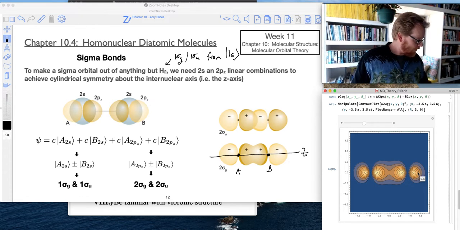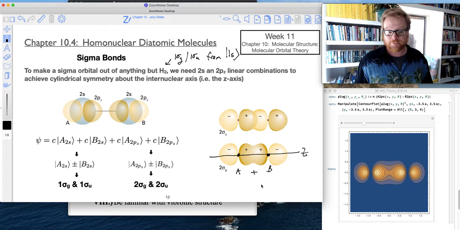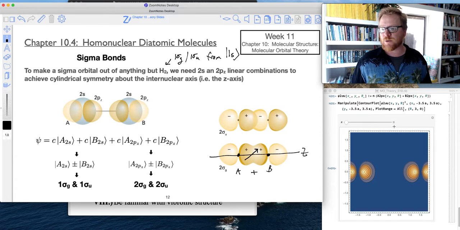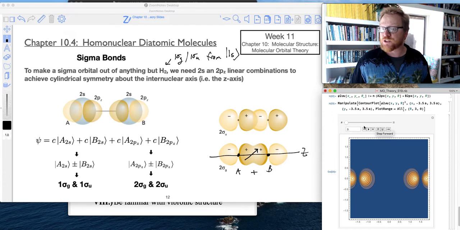And so now, if I consider my symmetry operations here, right? So I drew my z-axis. We note that when I combine A plus B, okay, and I look at this symmetry operation, that's going to have gerade symmetry, which is why we call it the 2 sigma g. But now what about the anti-bonding? Well, here I've got the anti-bonding model for 2 sigma.